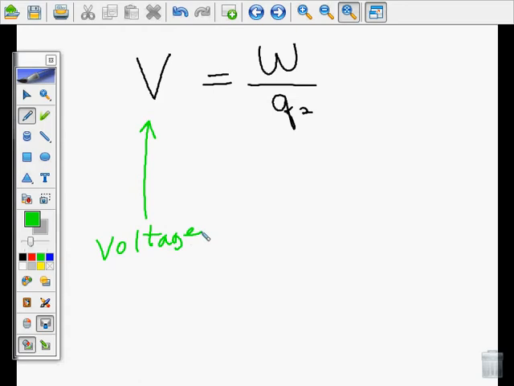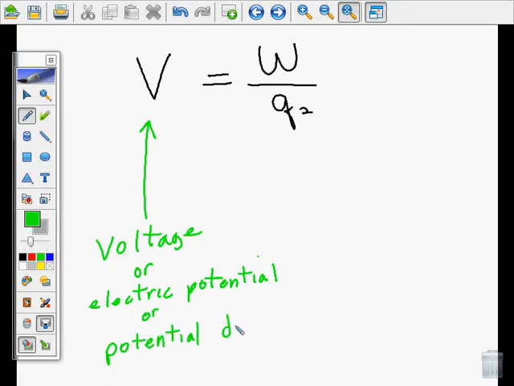Not electric potential energy, electric potential. Or, wait, there's more. Sometimes it's called potential difference. Those 3 are all synonymous.